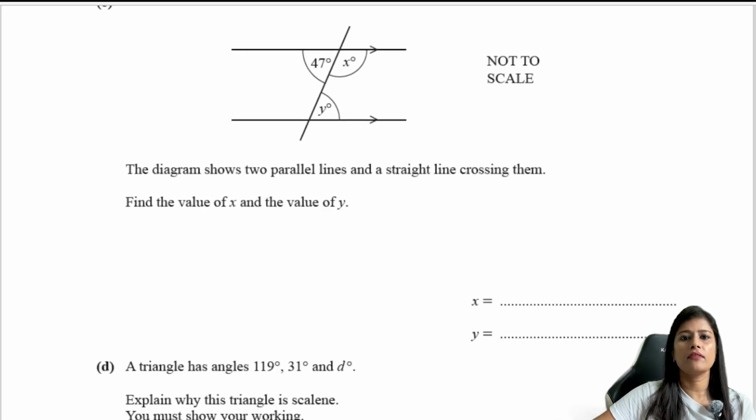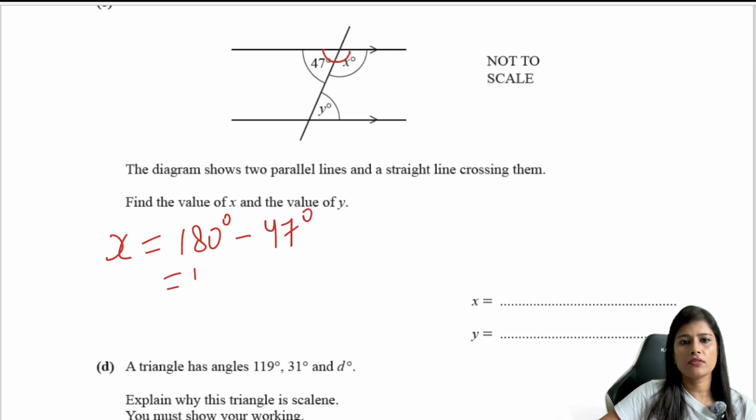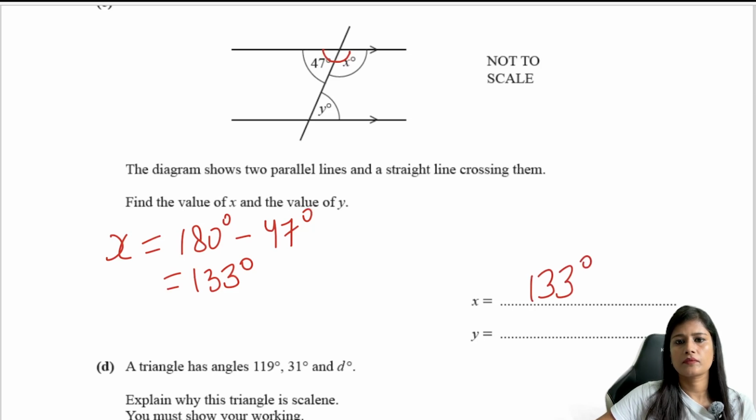Next one is find the values of x and y. So this sums up to 180 degree. So x will be 180 degree minus 47, which is 133 degree. And y will be 47 degree, because this and this are alternate angles.